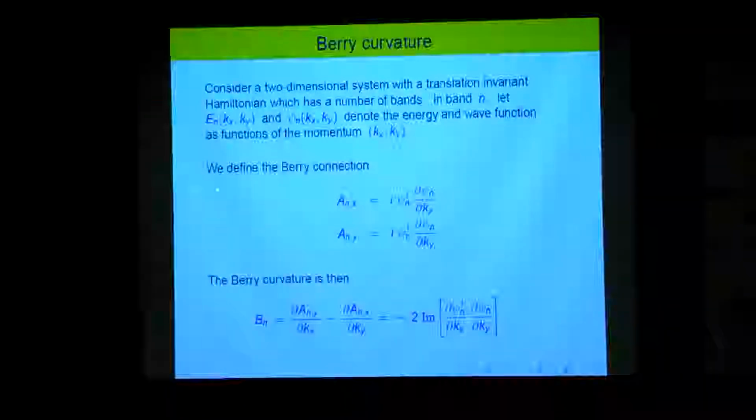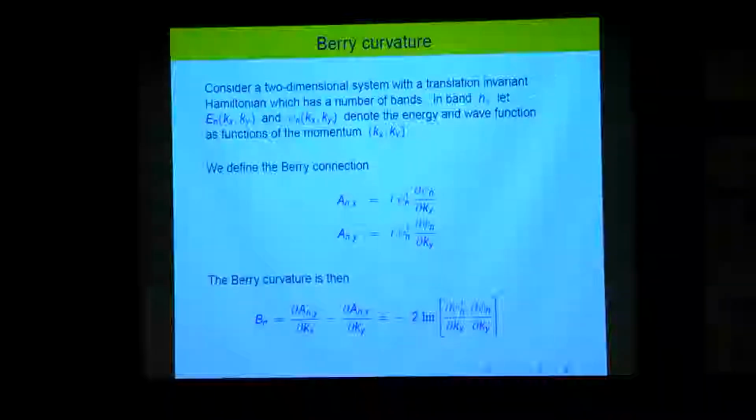So the next thing I would like to mention is something called the Berry curvature. Suppose you have a 2-dimensional system. This could be a system of electrons, or it could be a system of spin waves, magnons, or some 2-dimensional quantum system. Let's assume that it's translation invariant, so that you can use the momentum as a good quantum number. And let's say the Hamiltonian has a number of energy bands.